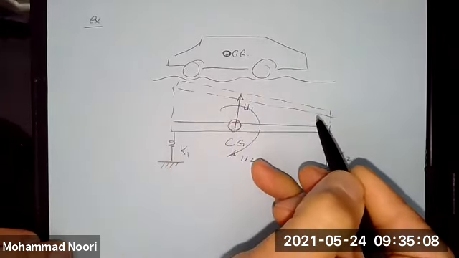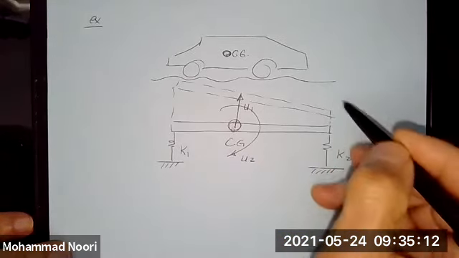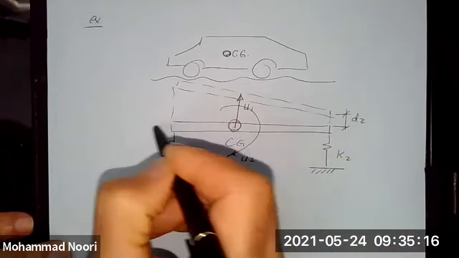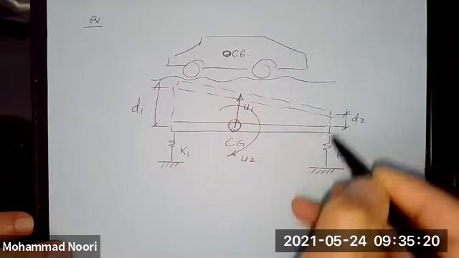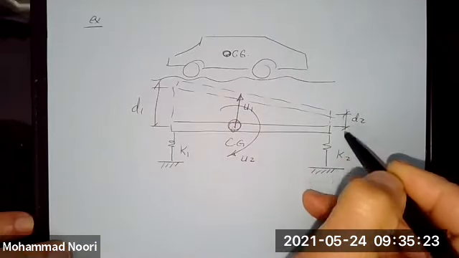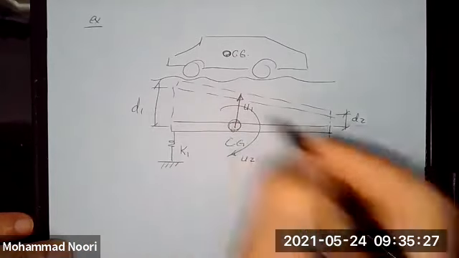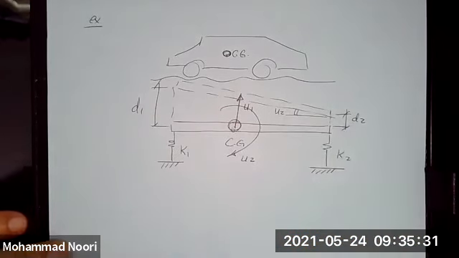Okay. That it has both gone up. Let's say this end has moved up a displacement of u2, this one d1, and also has rotated. So this is the angle u2.